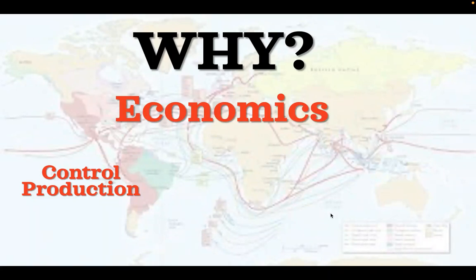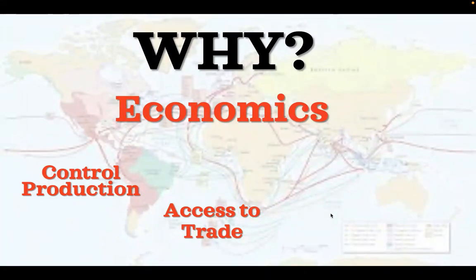They were trying to control the production of key things, which leads us to access to trade. Again, using the Russian example and how they expanded to the Volga, and the Mughal example, how they took over India, all of these people expanded and built these states to have access for trade.